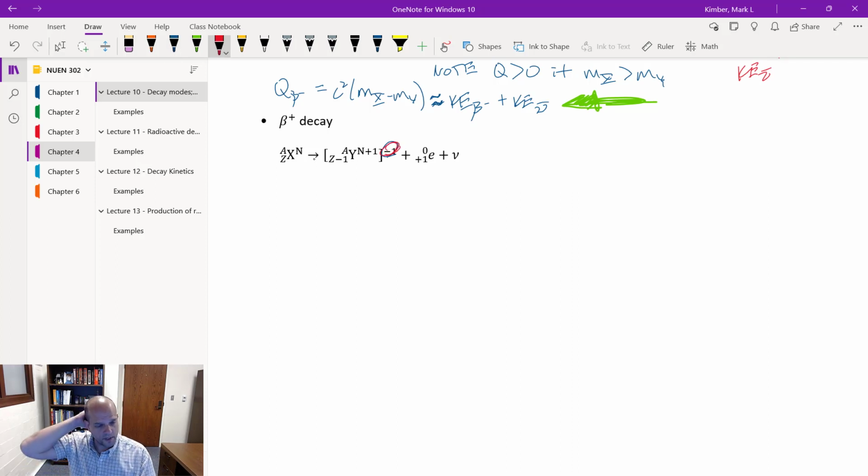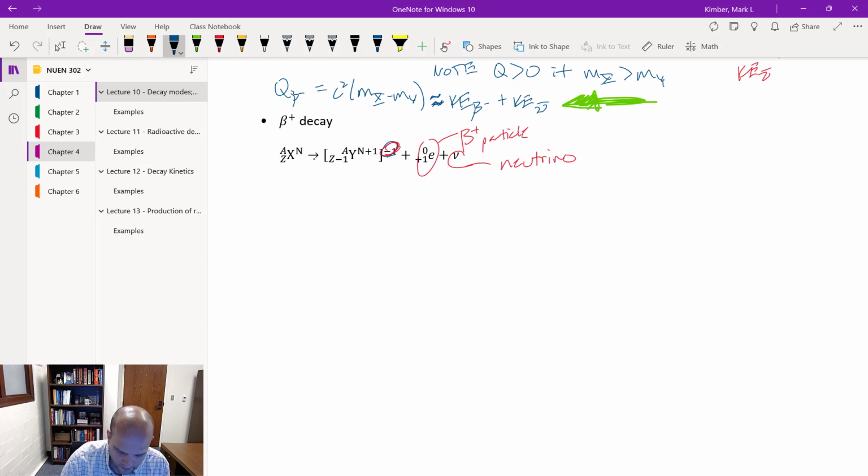That's due to the beta plus particle getting emitted. This here is my beta plus particle, and this here is my neutrino. It's not a recombination process, but what's going to happen is I'm going to emit an electron, an atomic electron.